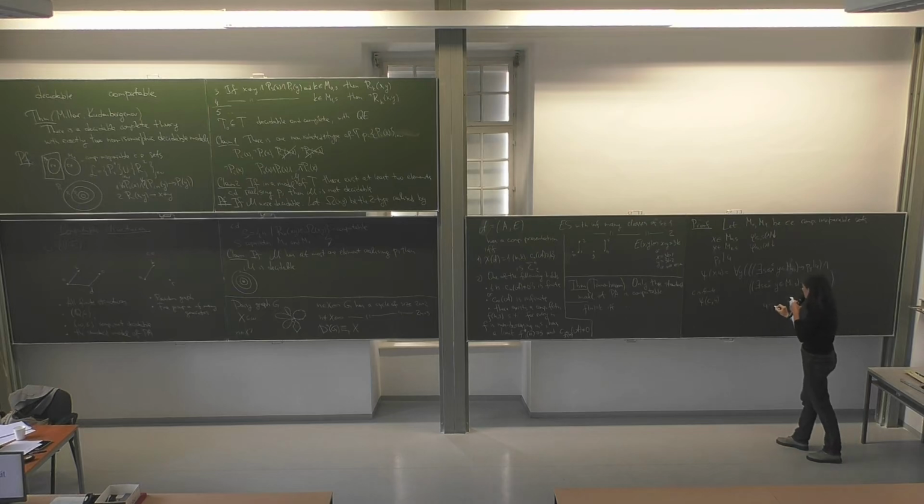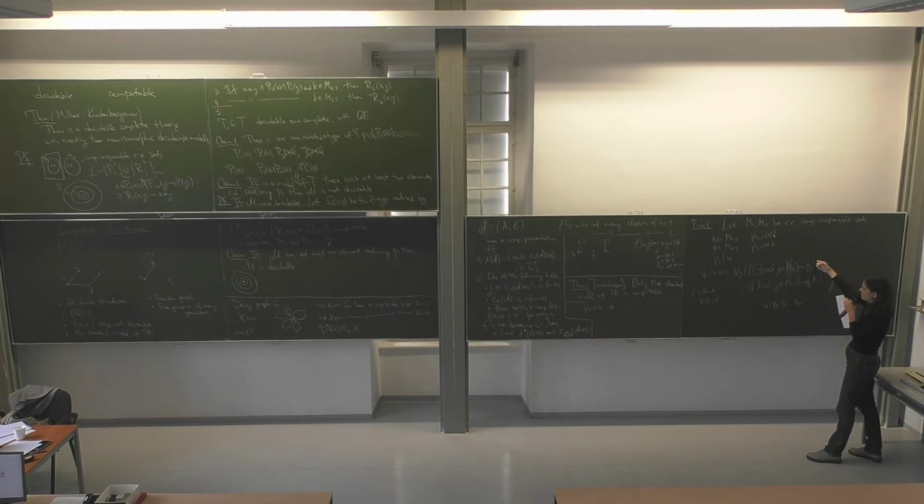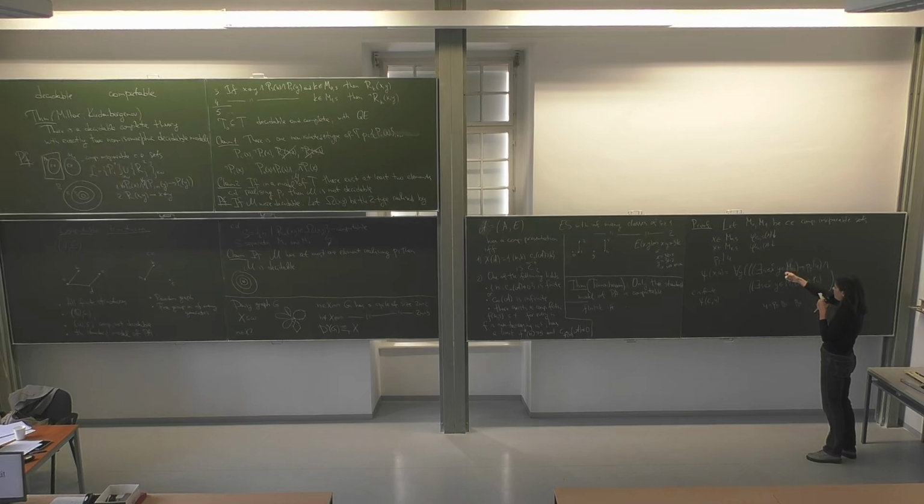So u will be just the product p_y1 times p_y2 times up to p_yk, where those ys correspond to this situation, and there will be no p_y that correspond to this situation. So u will be divisible by anything that corresponds to ys from the first set, and will not be divisible by anything that corresponds to y in this set. With a finite bound, in finitely many steps we can do this.